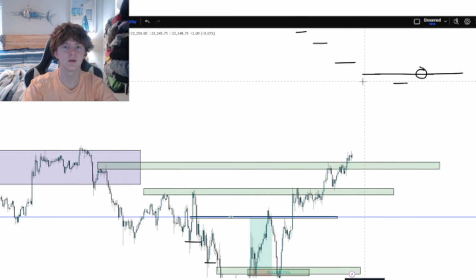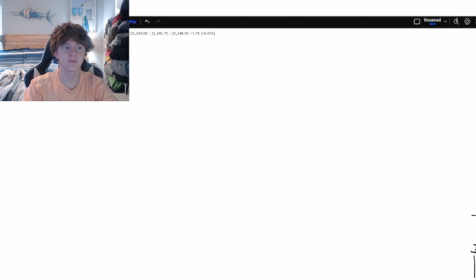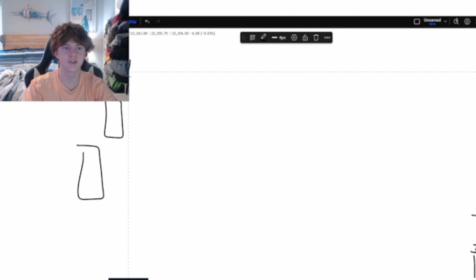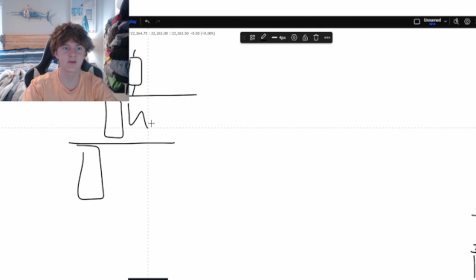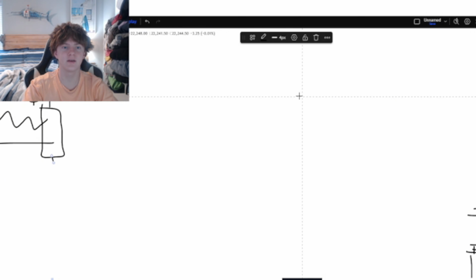So what a fair value gap is, when we have our bullish fair value gaps here, when price decides to tap in this and actually inverse this candle close, we're now flipping our bias.